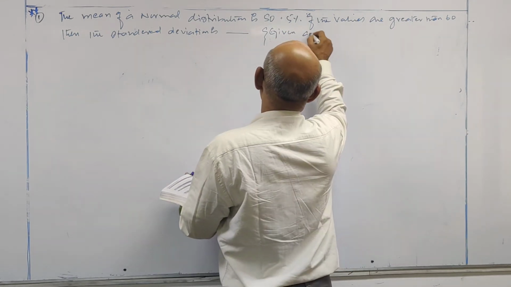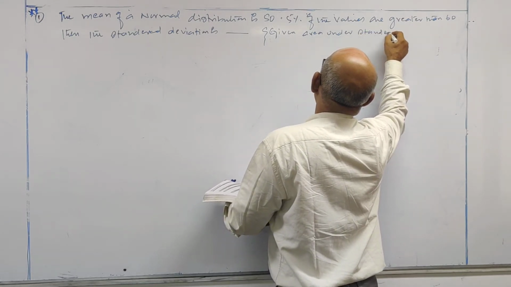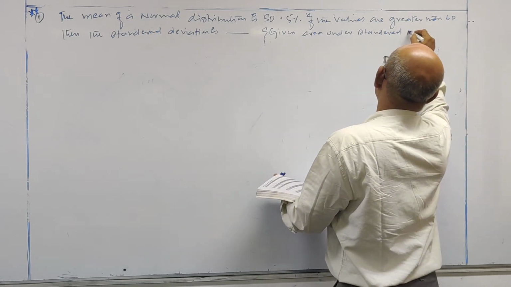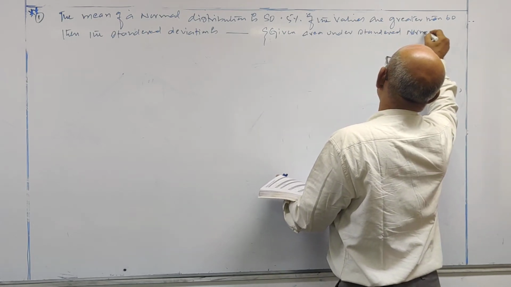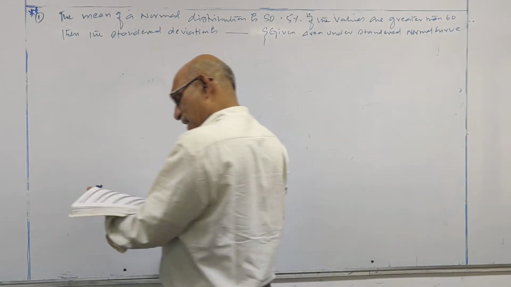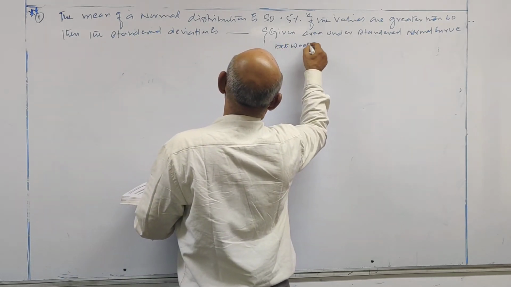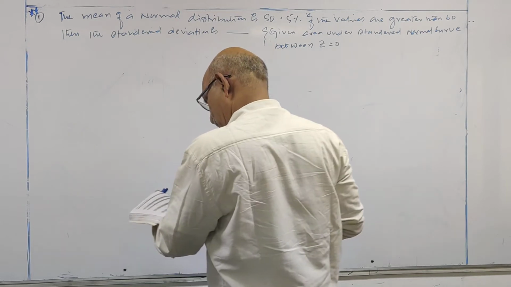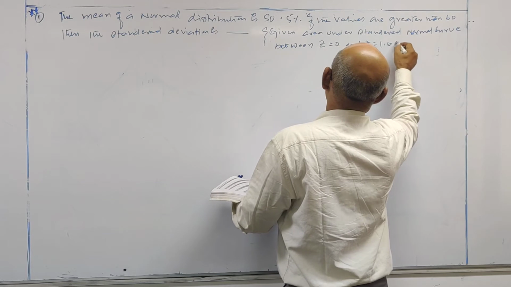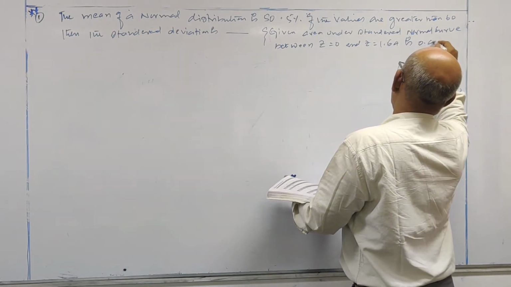Area under the standard normal curve between z is equal to 0 and z is equal to 1.64 is 0.45.